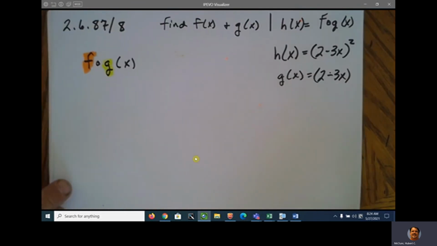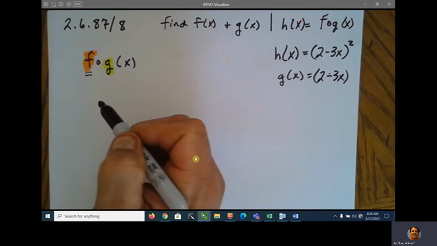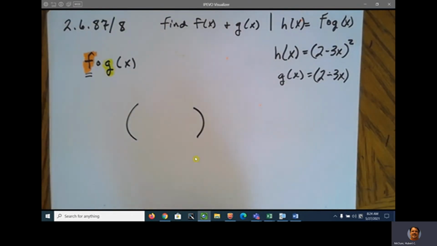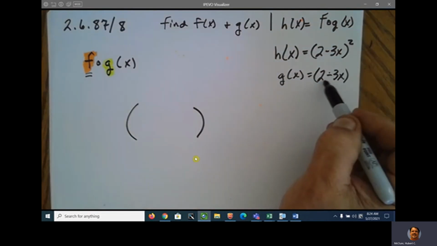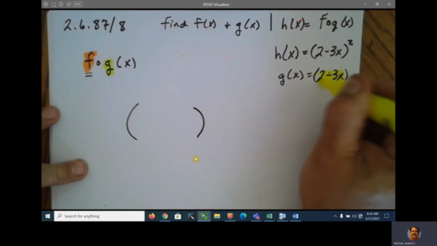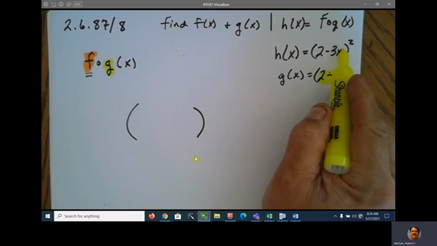is your question. So that means that F is going to have a big set of parentheses, and G is going to be plugged in. Well, G is 2 minus 3x. So I'm going to plug 2 minus 3x into this, and I need it to look like this.